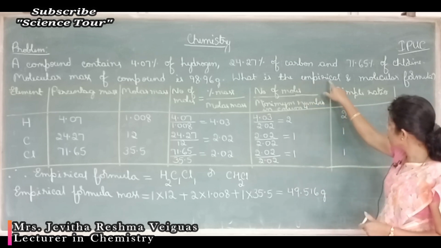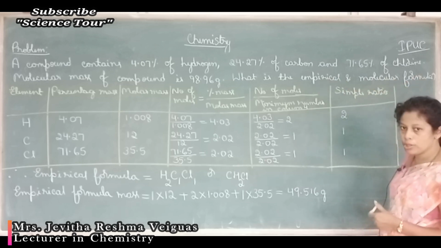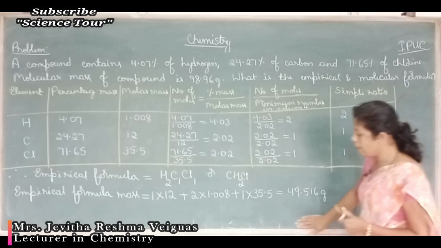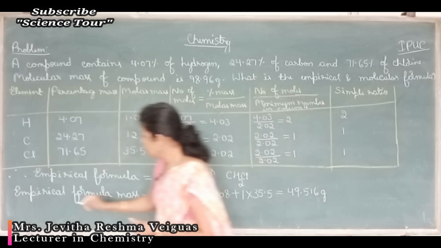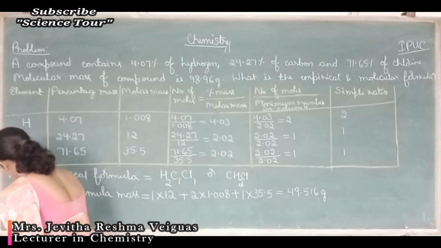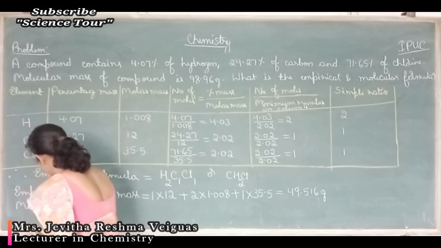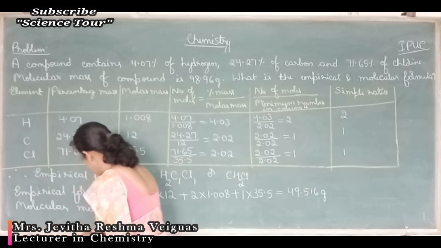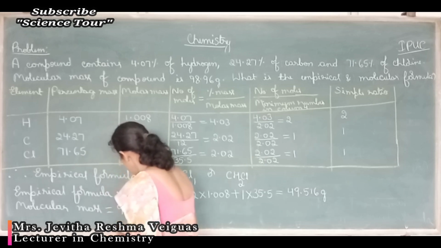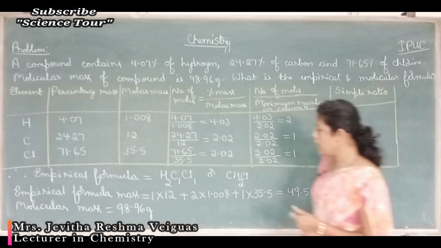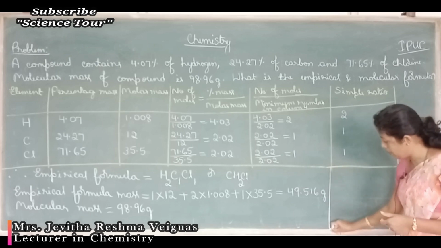The problem given is to find the molecular formula also. To find the molecular formula, we have to find the integer. In the problem, the molecular mass is given. The molecular mass given is 98.96 grams. Now we know the molecular mass as well as the empirical formula mass.